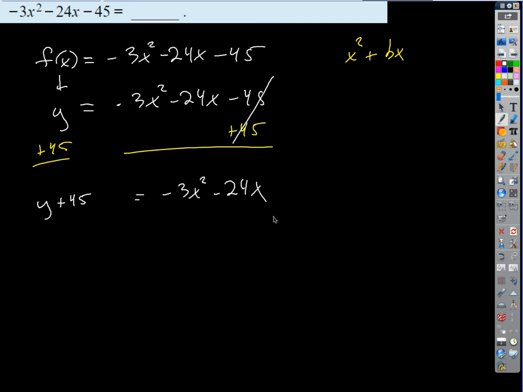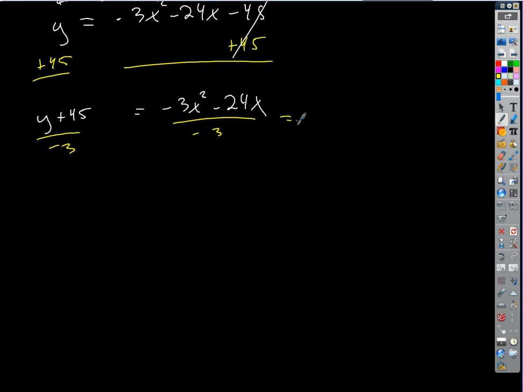We're going to divide both sides by negative 3. Okay, what's that going to give me if I do that? Well, that's the same thing as dividing each of these separately, right? Everybody agree? So I'm going to get, what's negative 3 over negative 3? So I'm going to get x squared, negative 24 over negative 3 plus 8. Everybody agree? I'm going to divide each of those terms separately by the common denominator, negative 3.